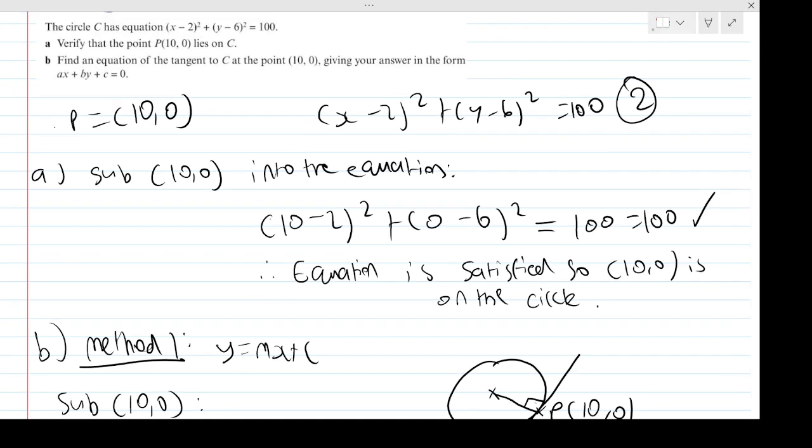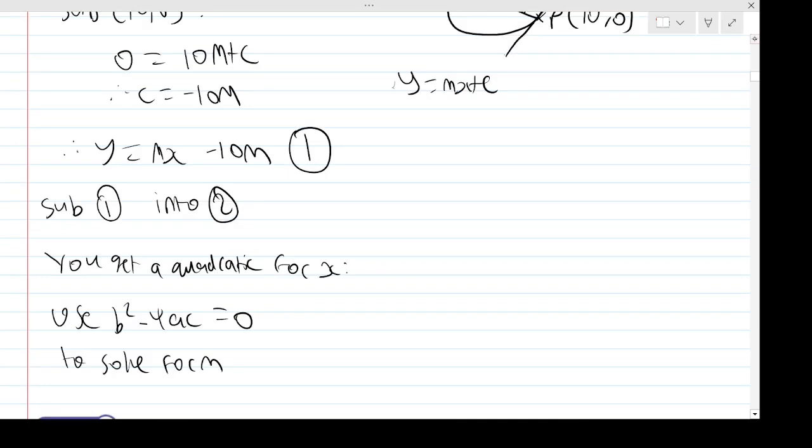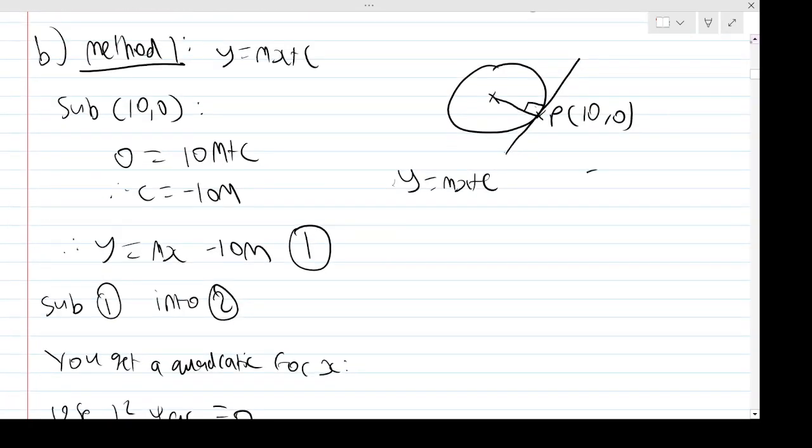If I use the equation of the circle, then I know the centre is simply, if I read off it, well, if it's minus 2 for x here, it'd be plus 2 here. And then if it's minus 6 for y here, we did plus 6 there. Okay, and we also did loads of examples about finding the centre and the radius of a circle, given the equation. But there we are. So actually we could fill in that the centre again is (2, 6). So I can add that to my diagram here.